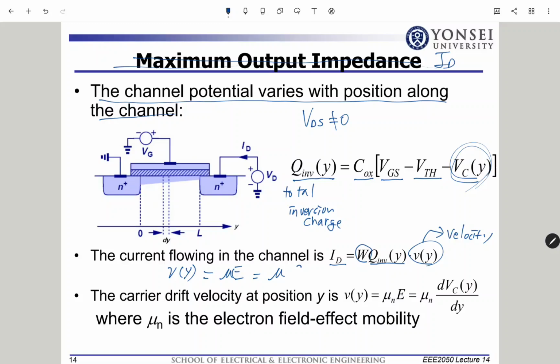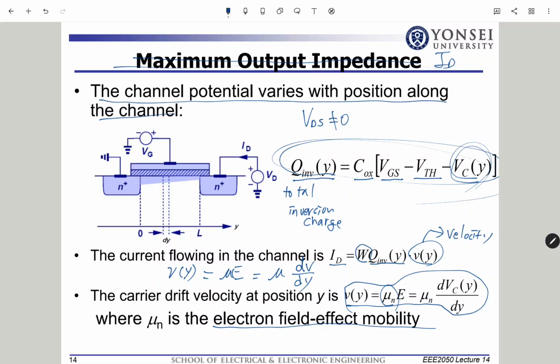The electric field can be determined with voltage, dV over dy. So mu n is the electron field effect mobility. So under VDS which is non-zero, the total charge expression is different compared to when VDS is equal to 0.